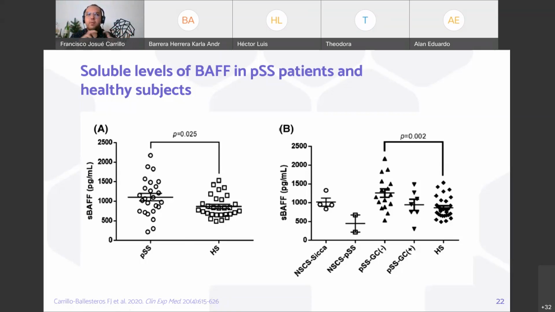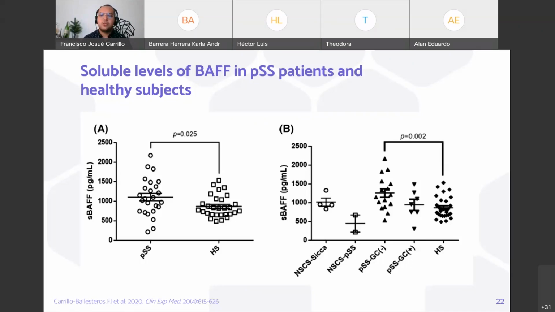So we stratified and divided the patients according to the histopathological conditions that I showed you before, especially those patients that developed a non-specific chronic sialadenitis, those with focal lymphocytic sialadenitis that did not develop the germinal center-like structures, and those patients that did develop the germinal center-like structures, versus the healthy subjects. To our surprise, we found that the highest levels of soluble BAFF were found especially in those patients that did not develop the germinal center-like structures.